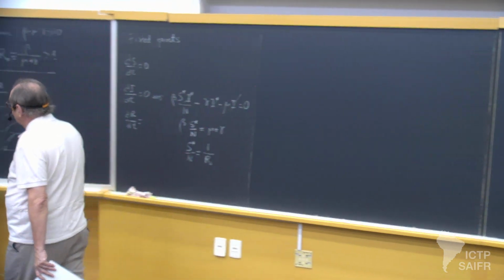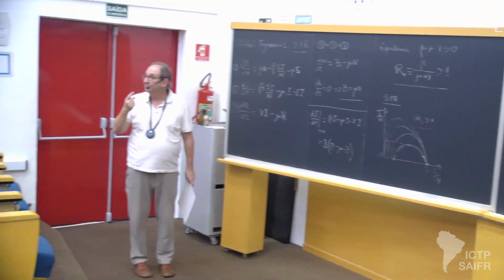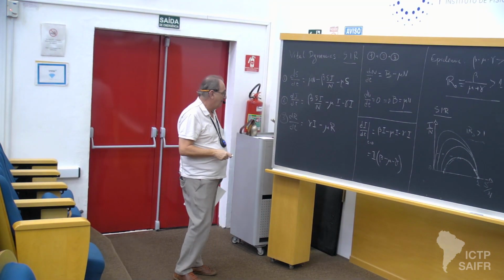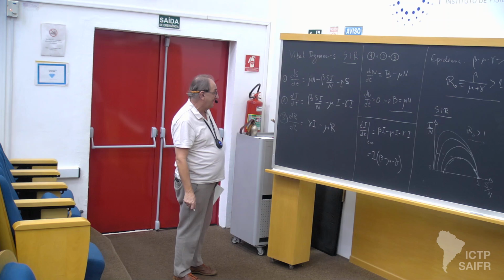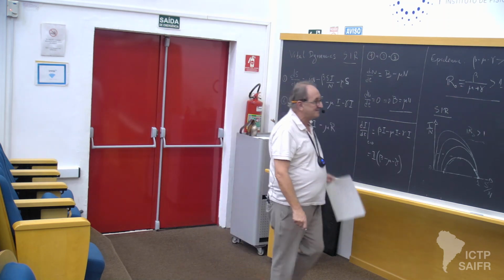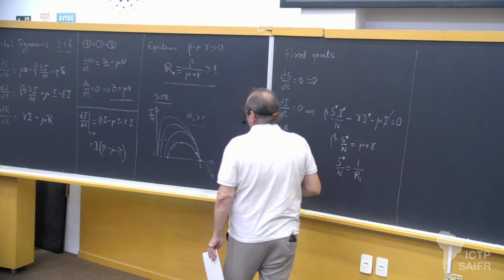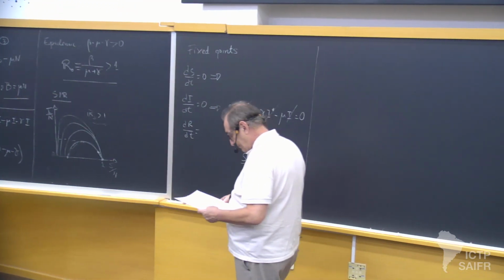Now I need to know also the value of I star, the value of the population of infected individuals at equilibrium. So I look at dS/dt equal to 0. But I assume that S over N is 1 over R0.